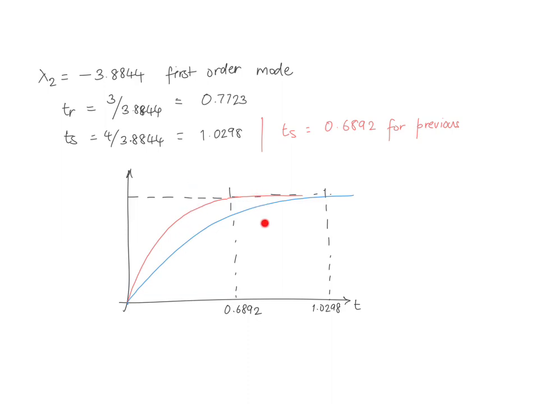So all the transient after that is due to the blue mode, associated with the lambda 2 eigenvalue. I'm drawing these pictures just to make you aware of the different time scales that each mode works on. And the reason we should be interested in these different time scales is because that affects the control design. Sometimes you design different controllers to address different modes, and those controllers also address different time scales.